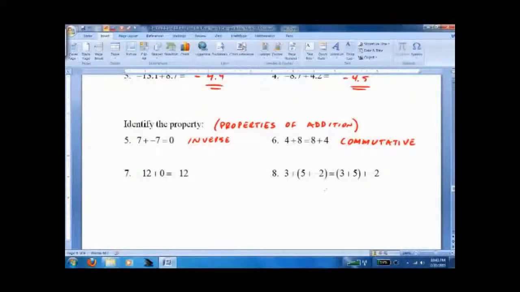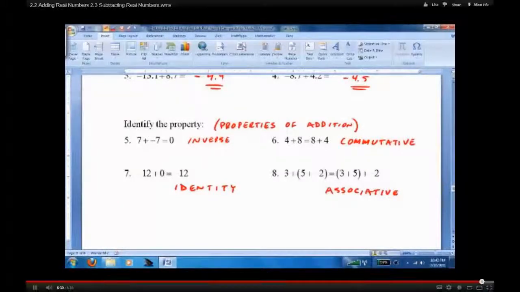This is associative. And this is identity. That's it. Pretty straightforward stuff. Simply just need to practice it. Good luck.